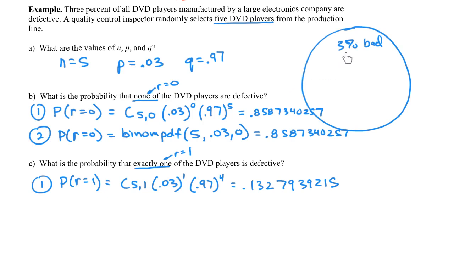With 3% being bad and this inspector picking 5, there's still about an 86% chance that none of them will be bad. So what's the probability that exactly 1 will be bad? About a 13% chance that when this inspector picks 5 of these from this pile, exactly one will be defective.